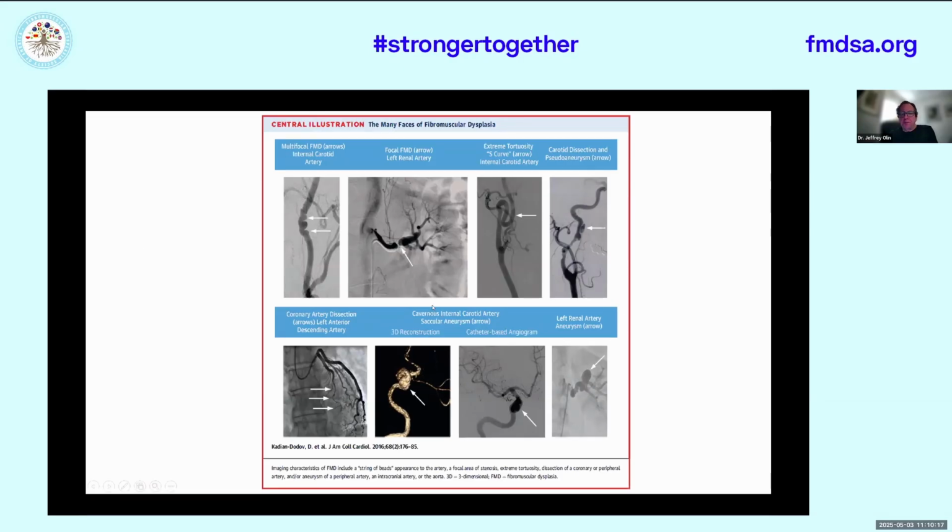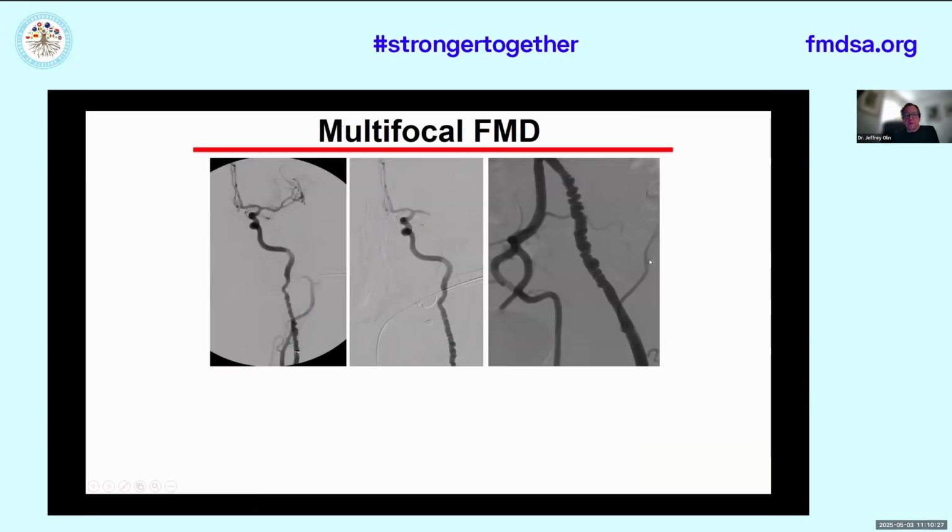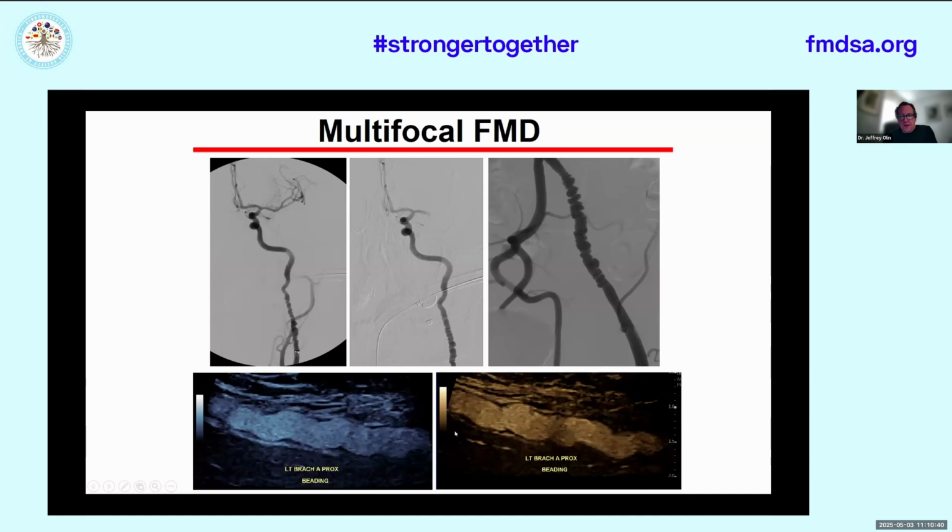And the genotypic aspect of these conditions is not yet known. In other words, it has not been worked out what the genes are in people with FMD or SCAD. We used to think it only occurred in the renal arteries, and then we learned it occurred in the carotid arteries. It's very common in the external iliac arteries. And now that more and more cardiac interventions are being done through the radial artery, we're seeing it in the brachial artery.